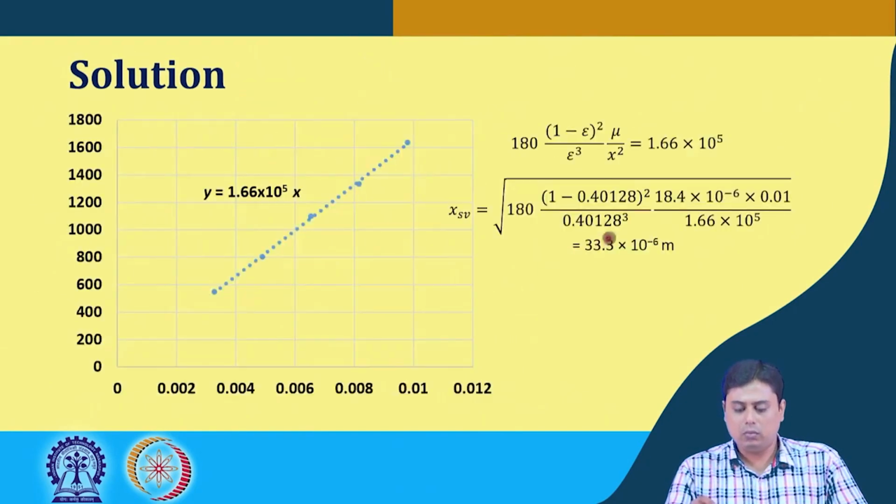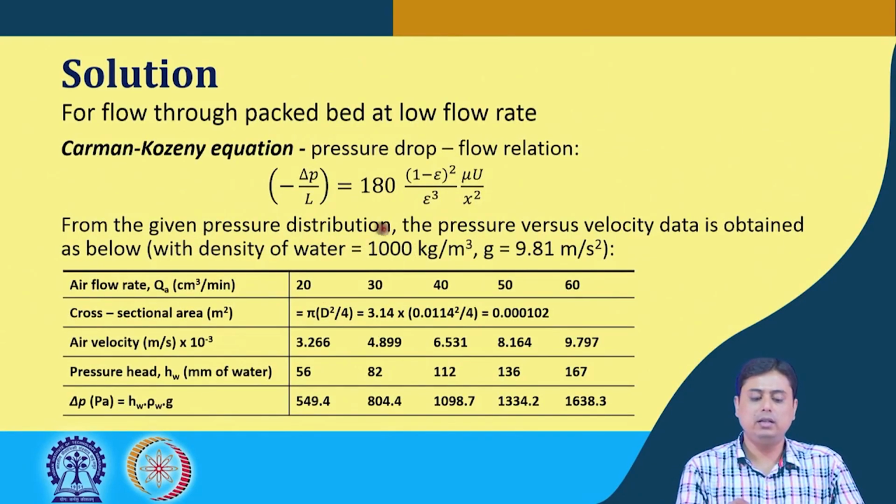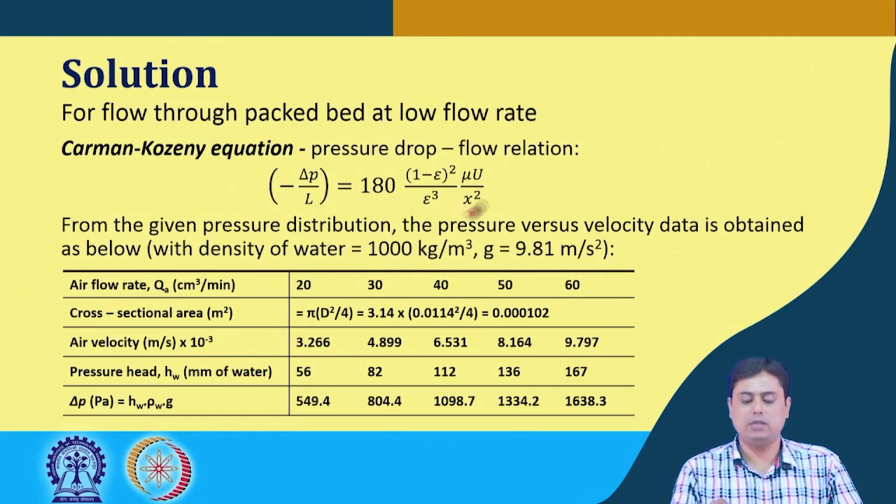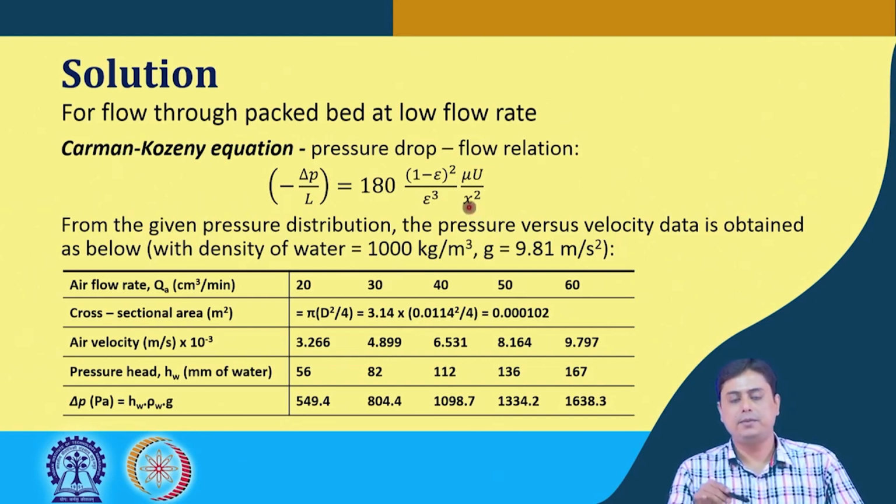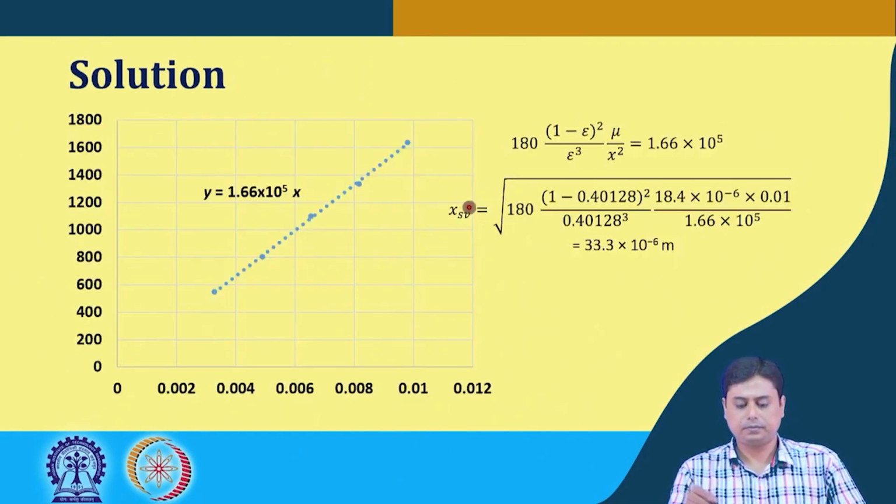In other words, the diameter that is used in the Kozeny-Carman equation is nothing but the surface volume mean diameter. Okay. It represents the surface volume mean of the particle, or the collection of particles, that is there in the packed bed or the permeability apparatus. That gives us the value of 33.3 micron of the particle size of the powder sample.